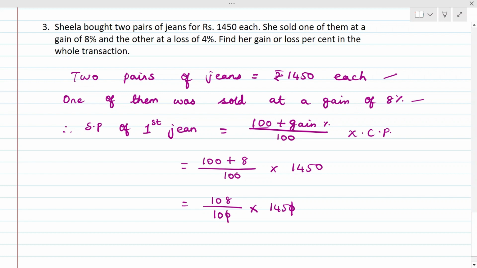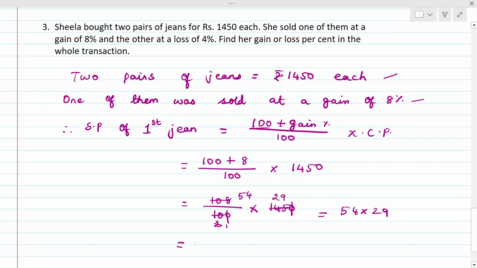So this 0 and this 0 we can cancel. Then we can cancel this and this with the 5. So it will be 29. Then this and this we can cancel. It will become 54. So we have 54 into 29.